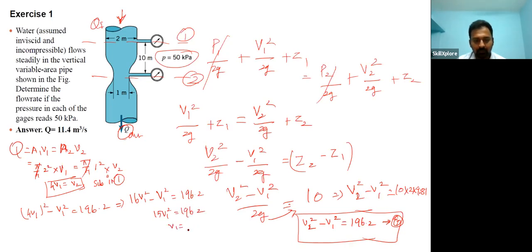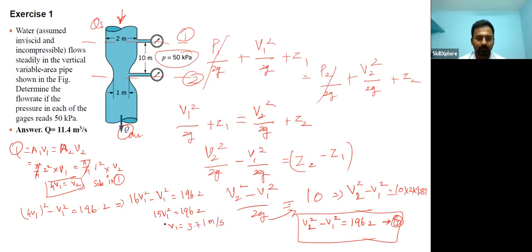So V1 is equal to the root of 196.2 divided by 15, which is 13.08. So the root of 13.08 will give the velocity of approximately 3.7 meter per second.